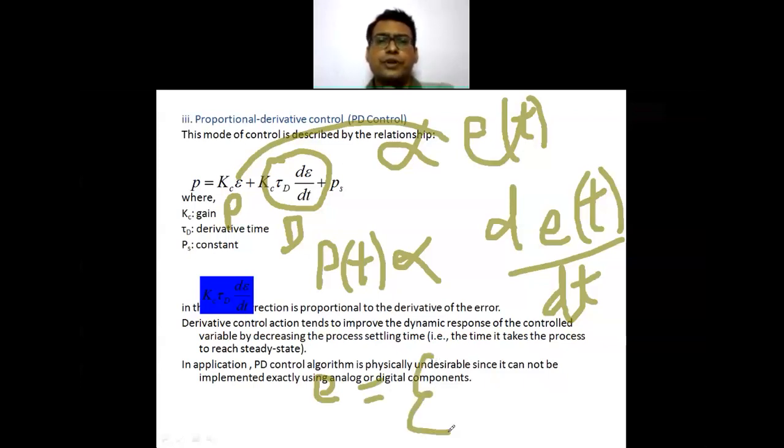So Kc the gain, the tau d is the derivative time, this constant, that is the Kc tau d that is coming into the picture, which is the derivative time. So this is the proportional derivative transfer function.